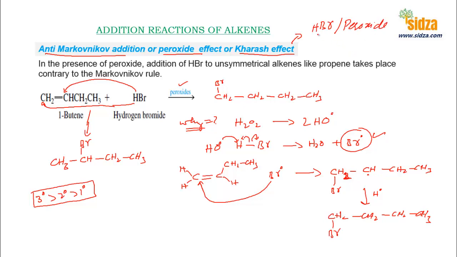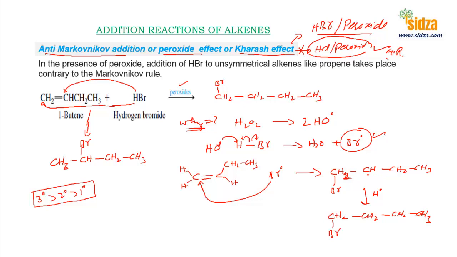So it doesn't happen if you add HCl and a peroxide, correct? In that case, addition is not anti-Markovnikov. If you add HCl in presence of a peroxide or in absence of a peroxide, addition will always be Markovnikov, right? So with hydrochloric acid, it will always be Markovnikov addition. It won't undergo the anti-Markovnikov addition.